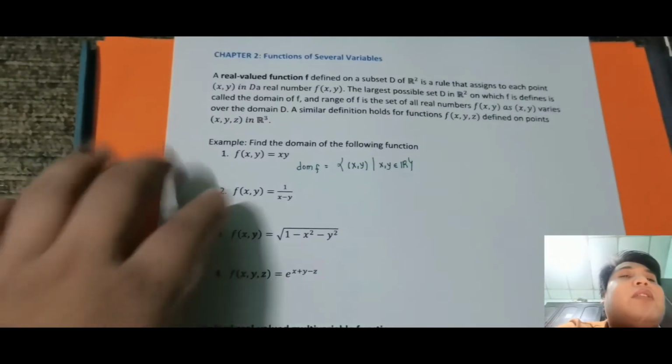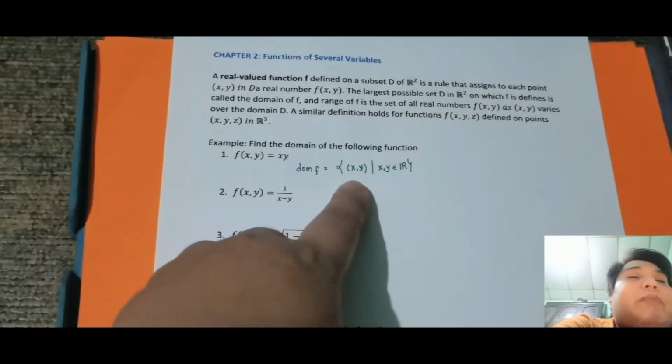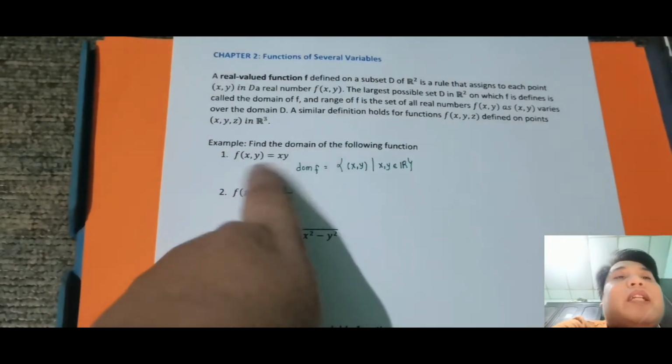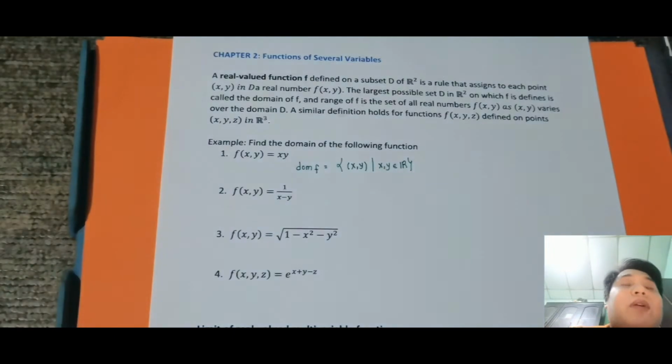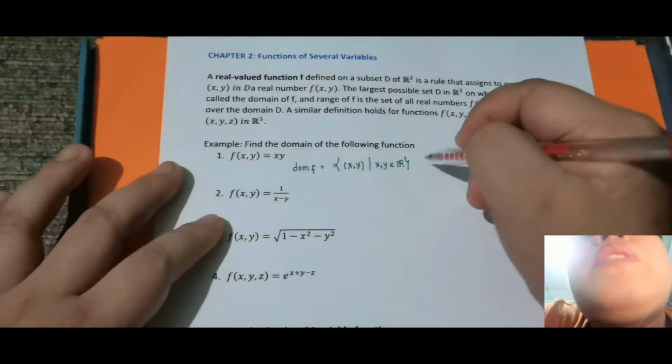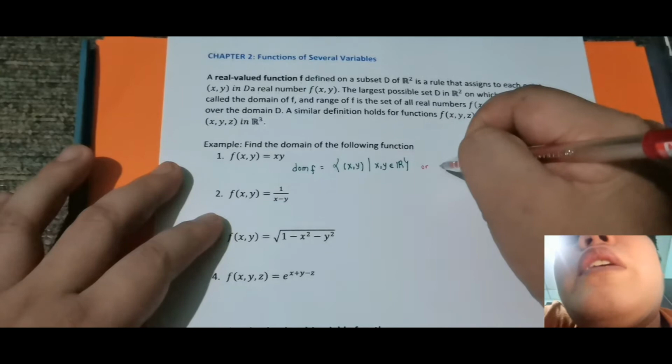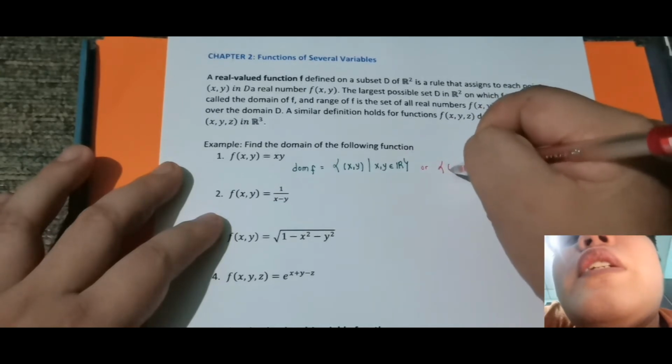Again, the domain of f is an ordered pair, such that yung x and y is element of R squared. Or pwede mo rin naman sabihin na yung domain niya is x, y element ng R squared. Okay lang din naman yun.